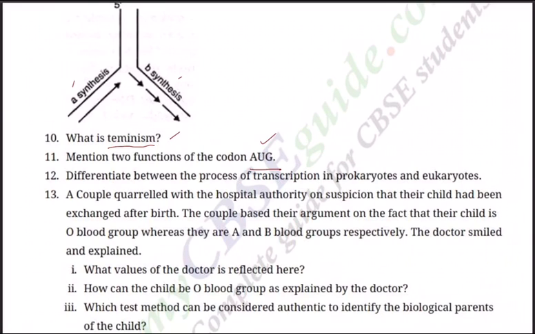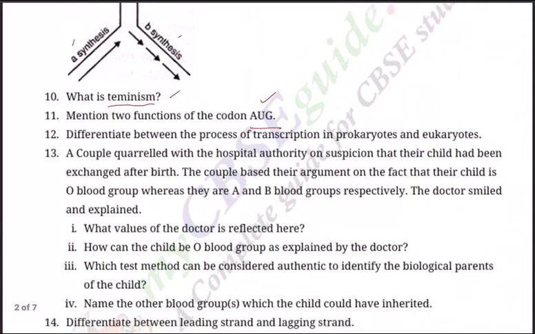12. Differentiate between the process of transcription in prokaryotes and transcription in eukaryotes. 13. A couple quarreled with the hospital authority on suspicion that their child had been exchanged after birth. The couple based their argument on the fact that their child is O blood group, whereas they are A and B blood groups respectively.